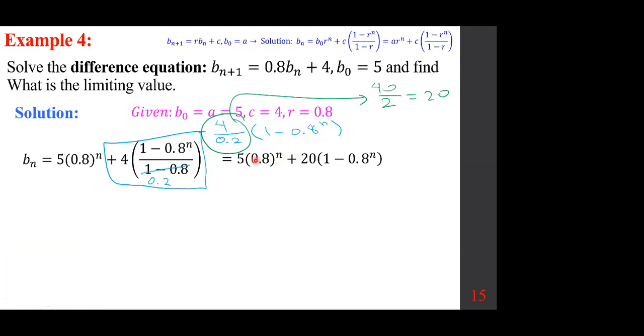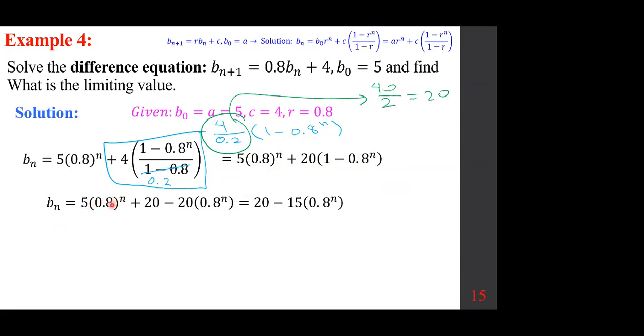Now, this one, class, you can think of it as x, 5 times x plus, now distribute the 20, 20 times 1 minus 20 times x. I'm distributing. If you have a problem with that, literally change this to x, class. 5x plus 20 times minus 20x. Are you with me? If you have a difficult time going from here to here.